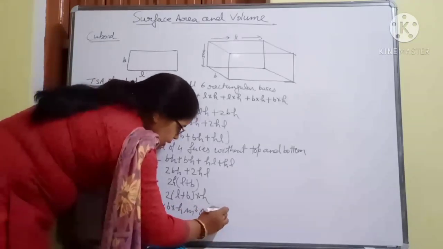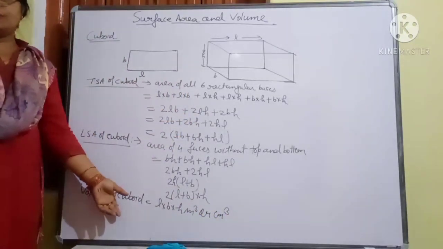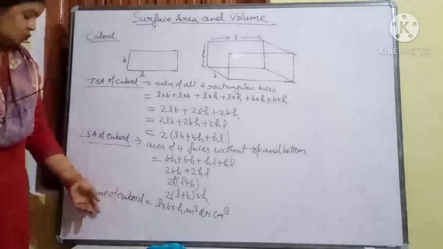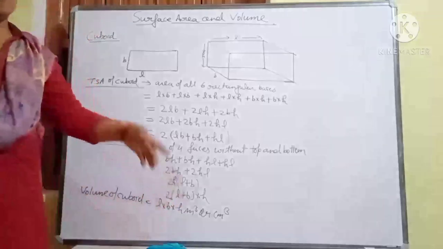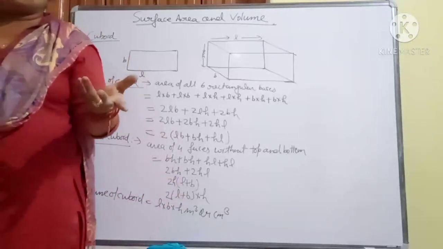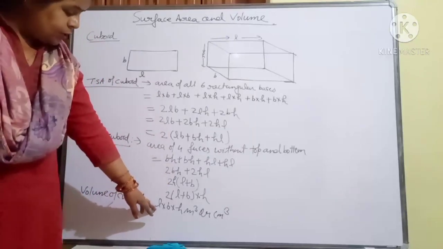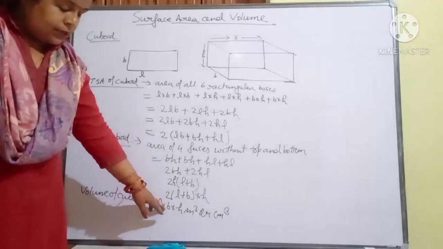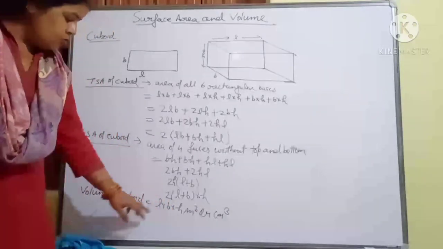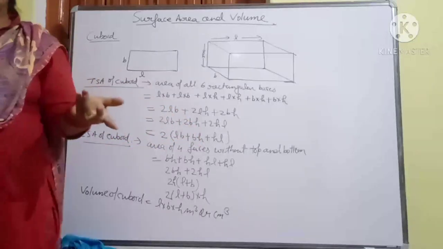It depends on the question in which unit the length, breadth and height are given. Why will it become meter cube or centimeter cube? Because suppose length is in meters, breadth is also in meters and height is also in meters. So meter into meter into meter, what will it become? Meter cube. And in the same way centimeter cube also.